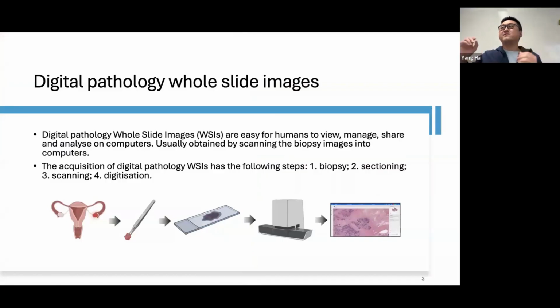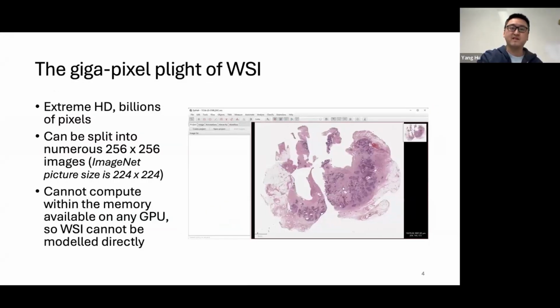I just assume everybody in this room and online is familiar with digital pathology, so I will quickly skip these slides. About how we get digital pathology: from biopsy, sectioning, scanning, and digitalization for sharing and computing on the computer.